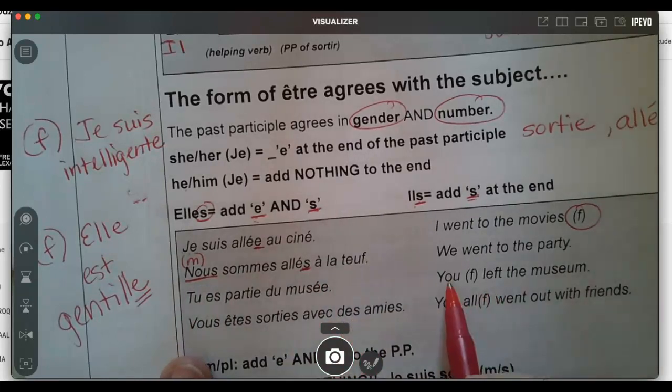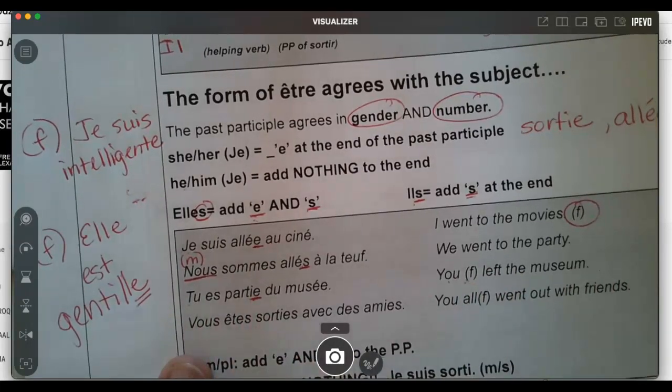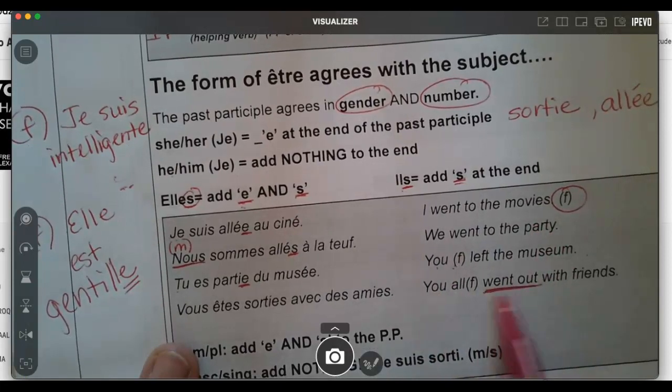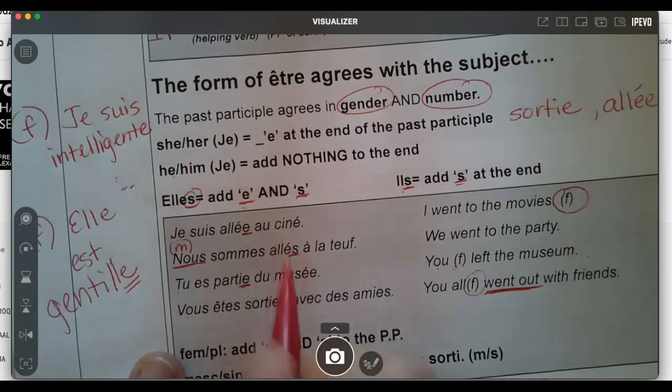Okay? You left the museum, and it was a she, her that left the museum. So tu es partie, need that extra E because it's a she, her, du musée. You all went out, that's sortir, with friends. So feminine would be vous êtes sorties.